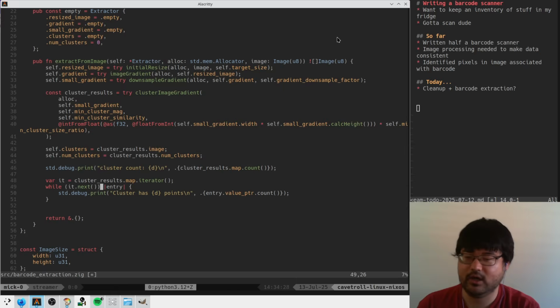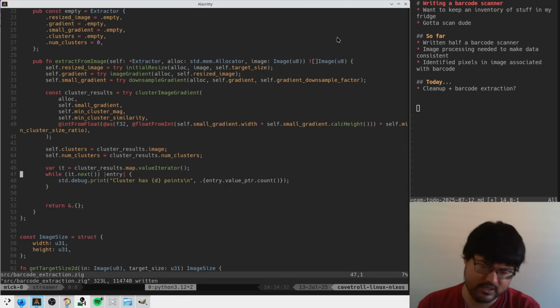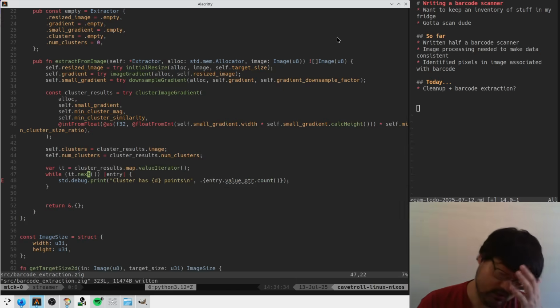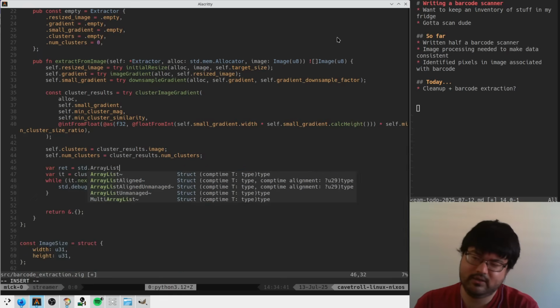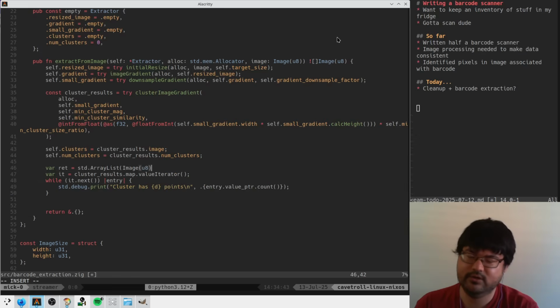I think we only care about, honestly, we don't care about cluster IDs anymore, I don't think. And we're gonna just call this ret, which is an array list of images.